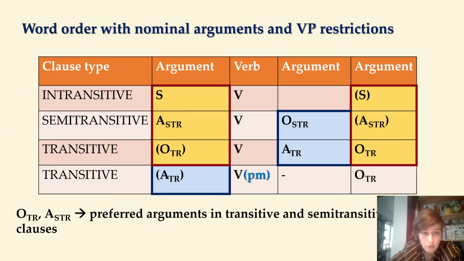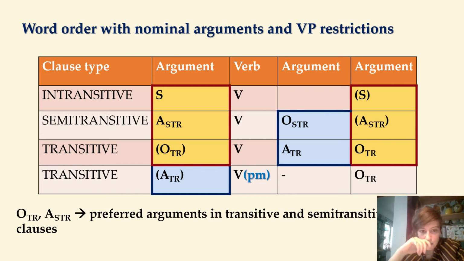So now to sum up, I mentioned at the beginning of the talk that the basic word order in intransitive clauses is SV, with the S argument that is pre-verbal. But with nominal arguments, the S can also occur post-verbally, even though this word order is rare in my data.